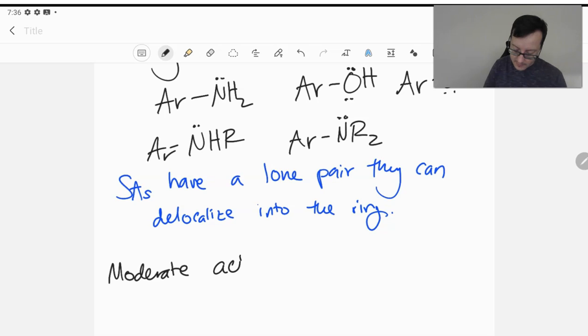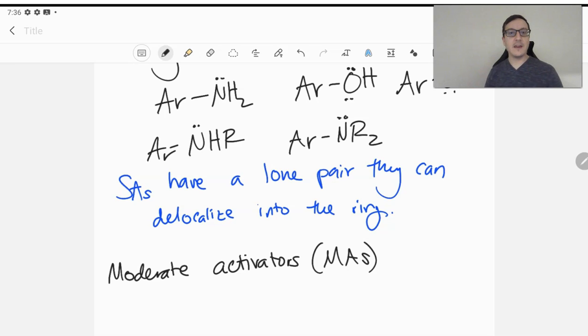The moderate activators, or MAs as we'll call them, would be things that have lone pairs, but those lone pairs are tied up. Either they're doing resonance into other things, like an ester, for example, or they are alkoxides.